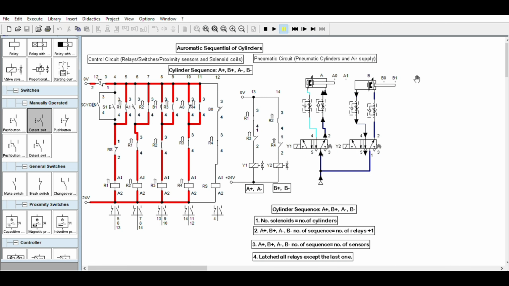When the B extends, this one is open, so no supply there, similar with this one. Air is flowing there, retracting the cylinder, so the pressure is there.